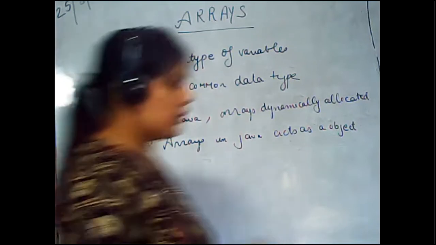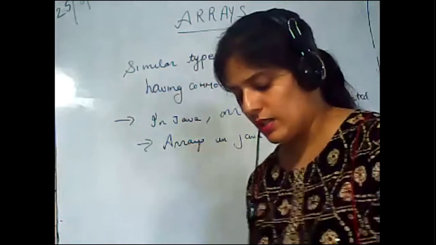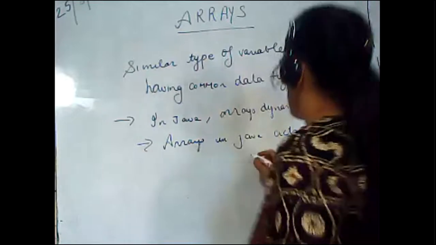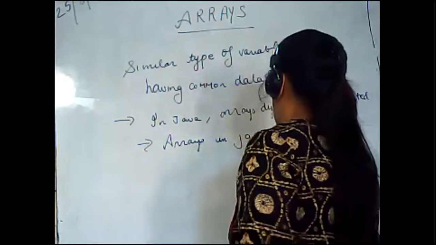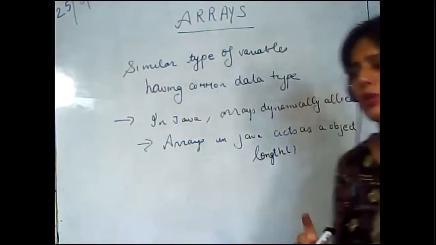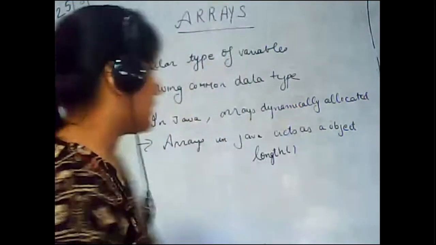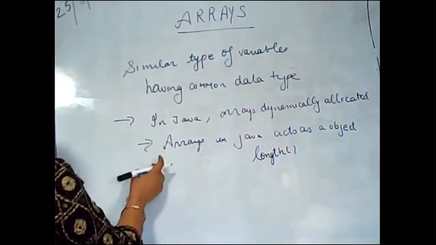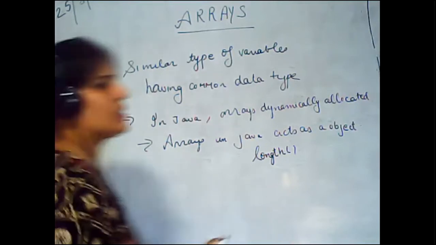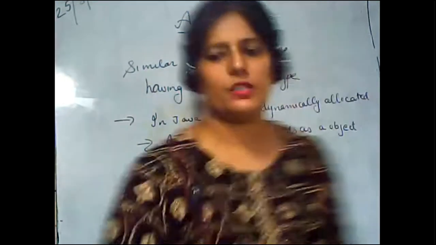As compared to other languages like C or C++, where we use sizeof, in the case of an array in Java we use the method length to calculate the length of that particular array. This is the second feature that you must remember while using arrays in Java.